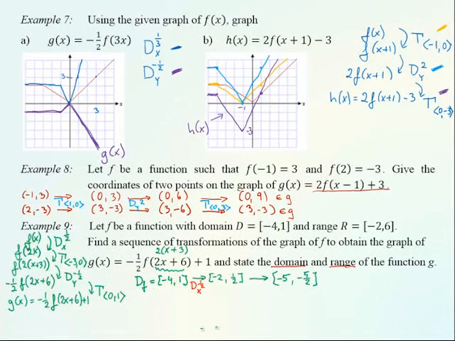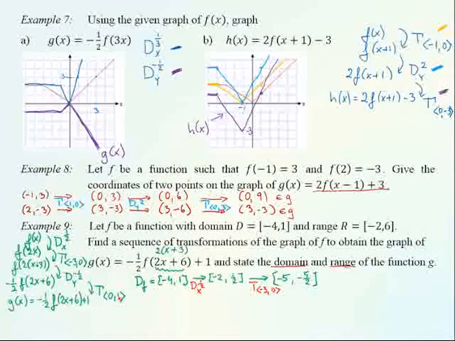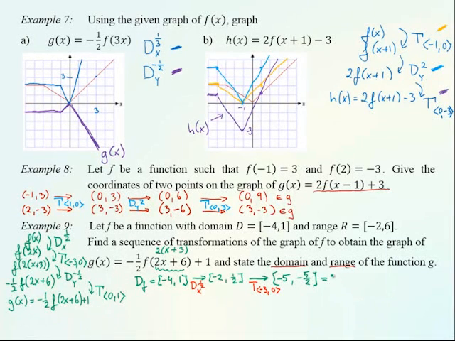So that will be the new domain, because of the translation by the vector negative 3, 0. The following transformation refers to y, and the last one also refers to y. So this is actually the final domain of our g function. So that's what we've been looking for.